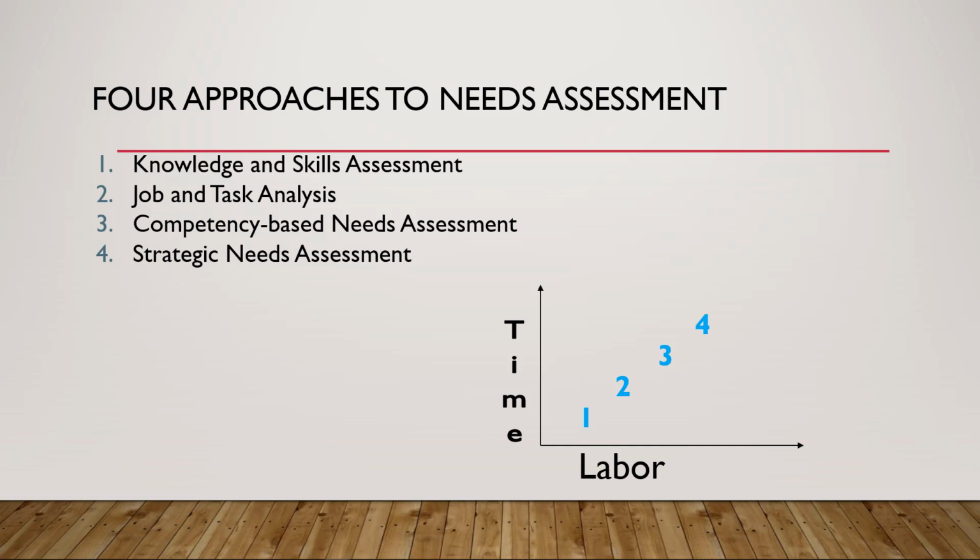The second one is the job and task analysis. So at this point, we're no longer talking about people. At this point, we're looking at precisely a job or a task. So what it is that is needed to get a job done. I usually like to talk about the forklift example. A forklift is a tool that helps someone do the job of moving bulky items in a warehouse or the like.